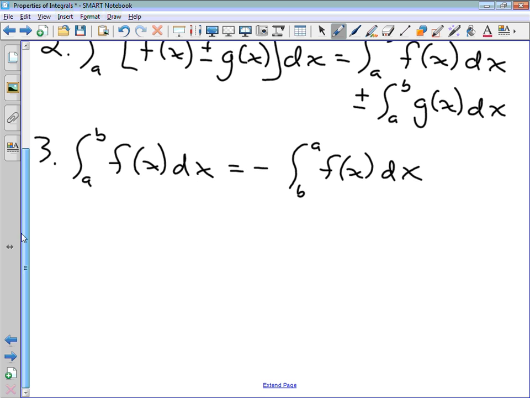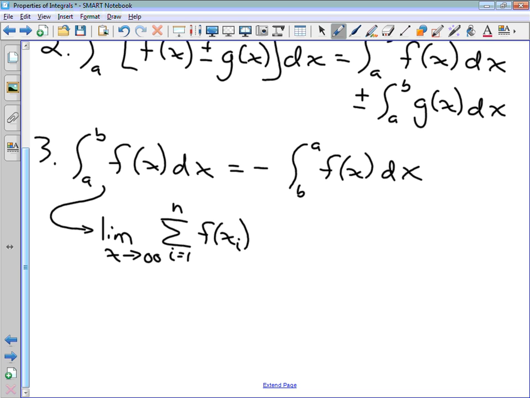And the explanation for this is, if we think about what this integral represents in terms of a sum, we got this integral by doing the limit as n goes to infinity of the sum from i equals 1 to n of f(x_i) times delta x_i.